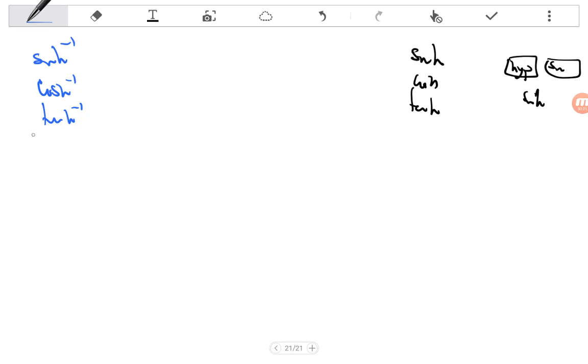But you will not find, for example, coth inverse, csch inverse or sech inverse. You will never find these; you will only find these three. But what if I need to calculate one of them?